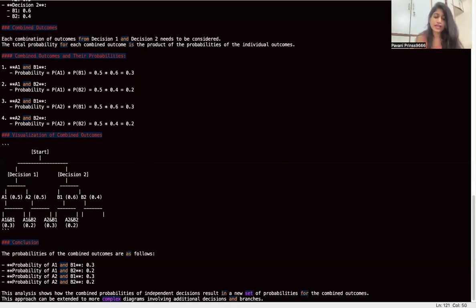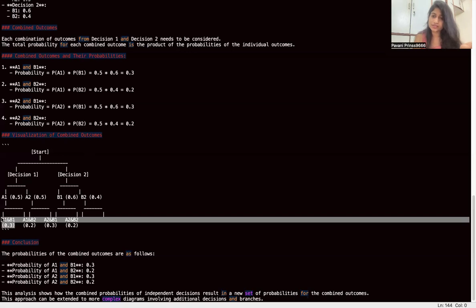This analysis shows how the combined probabilities of independent decisions result in a new set of probabilities. Isn't it? 0.3 is a new probability that you're getting when you're combining.